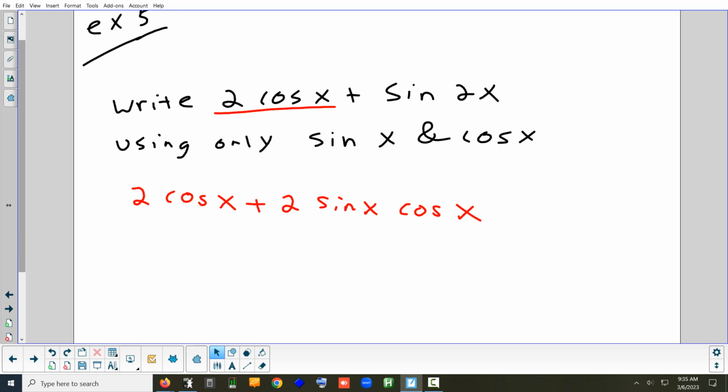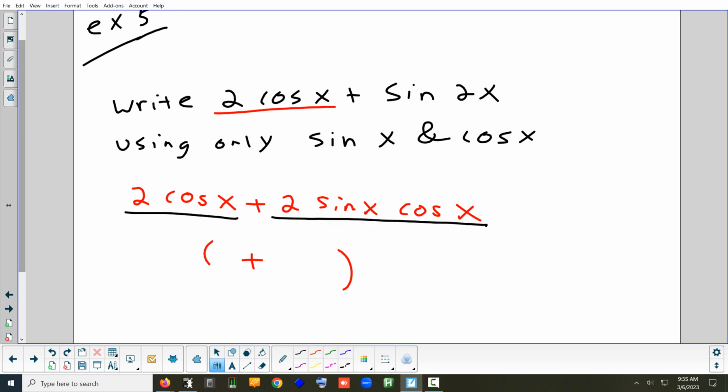But what we're going to have to do with some of these problems later in the week is factor it. Factor means pull out whatever they both have in common. Put that in front. And then put parentheses next to it. What does this term and that term both have in common? The 2 and the cosine x.